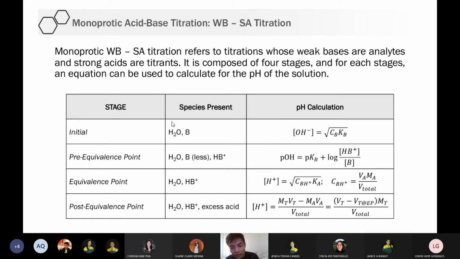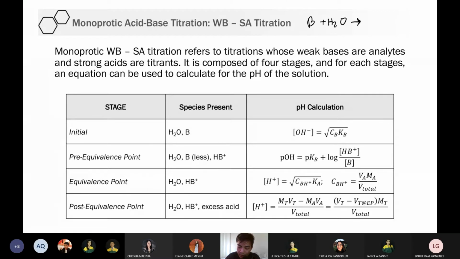Initial means only the weak base and the water are in the solution. Of the two species, which one will contribute to the pH of the solution? Of course the base, since it is a base. But our base here is a weak base. So, if a weak base reacts with water, what will happen?